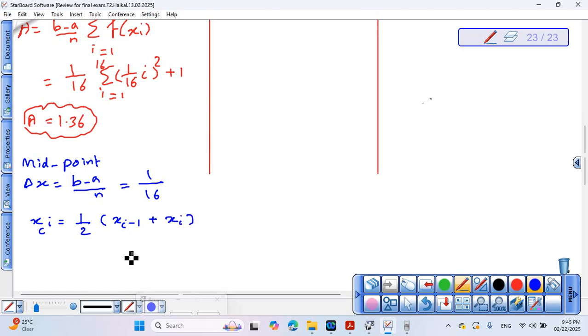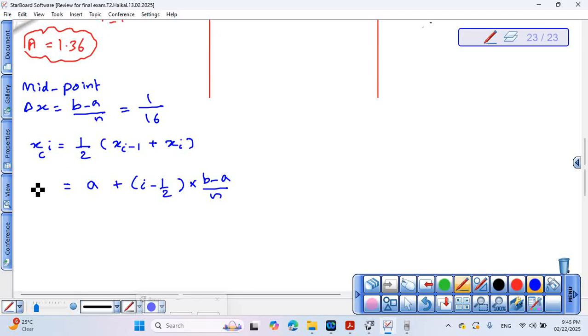This is the formula. Maybe this equals a plus i minus half times b minus a over n. This is the formula for x central. Okay, that's it. Now we can find the formula.